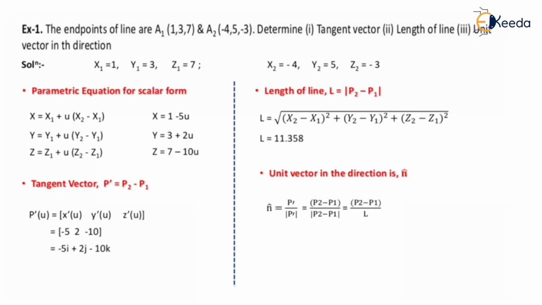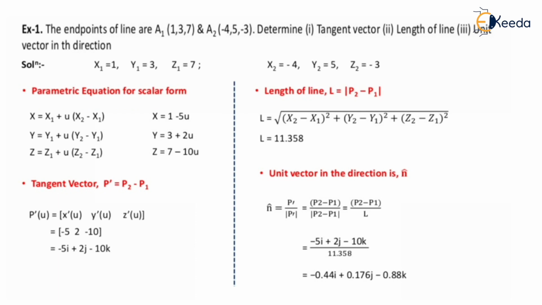So p2 minus p1 divided by modulus of p2 minus p1, that is (p2 - p1) upon L. We calculated p2 minus p1 as the tangent vector, so -5i + 2j - 10k divided by the length of the line, 11.358. You will get -0.44i + 0.176j - 0.88k.